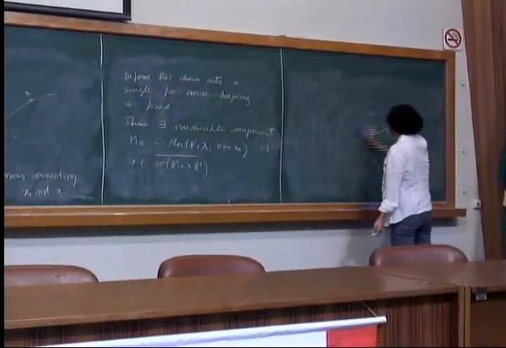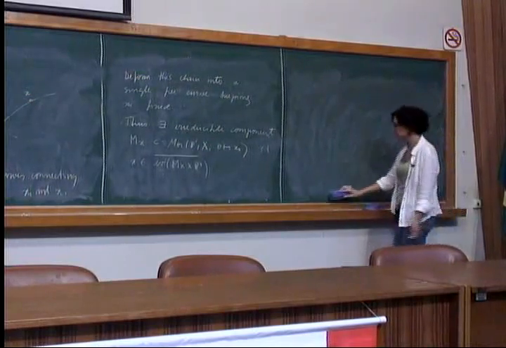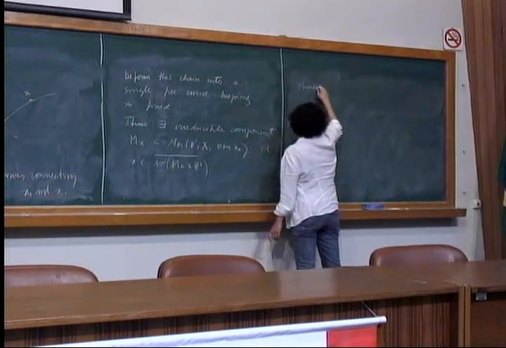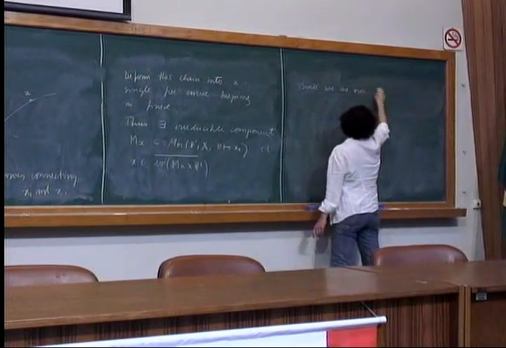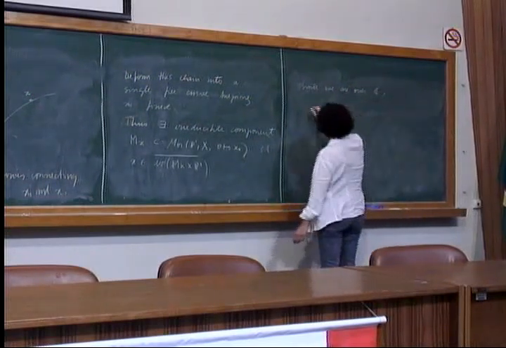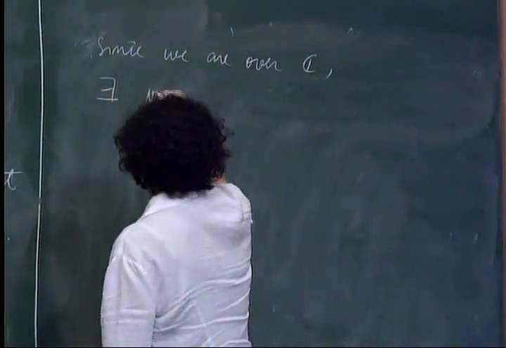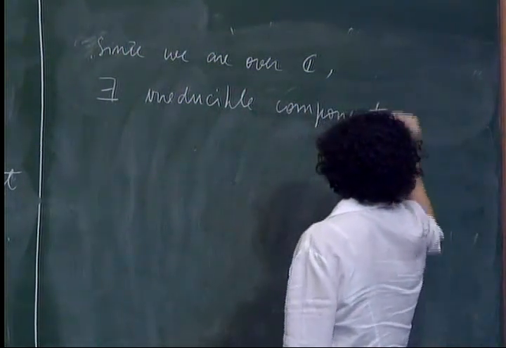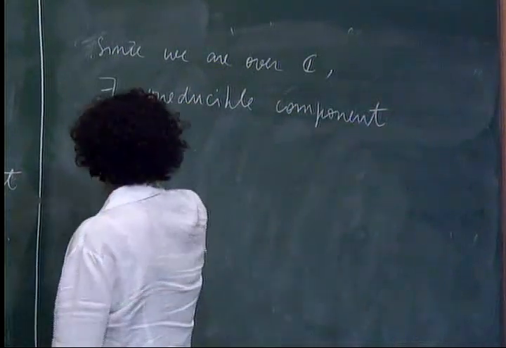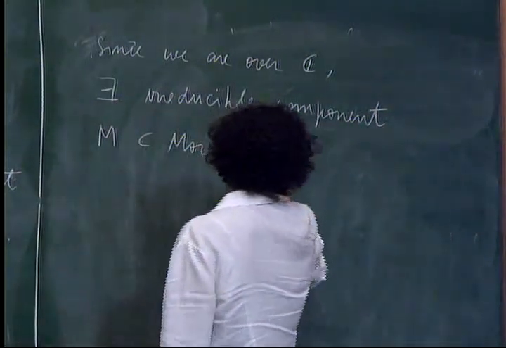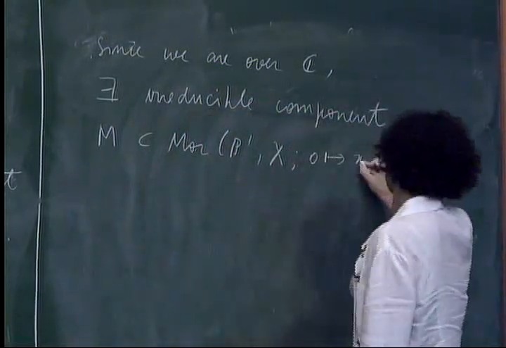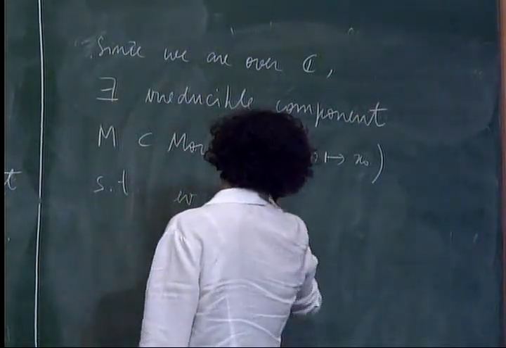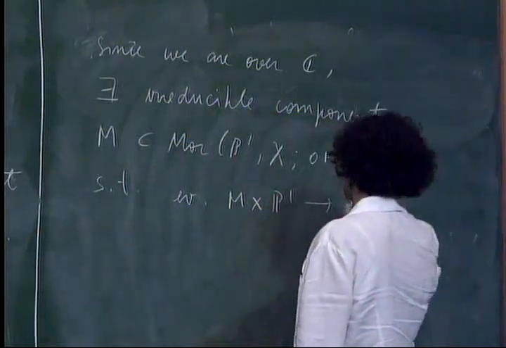So since we are over an uncountable field, since we are over C, there exists an irreducible component M in the space of morphisms from P1 to X that sends 0 to x naught, such that the evaluation map from M cross P1 to X is dominant.